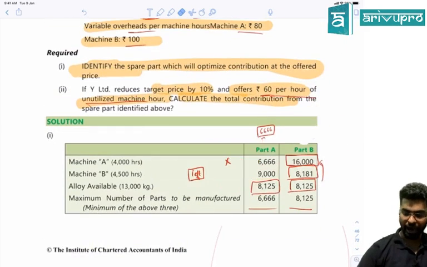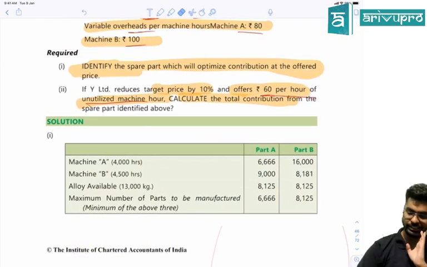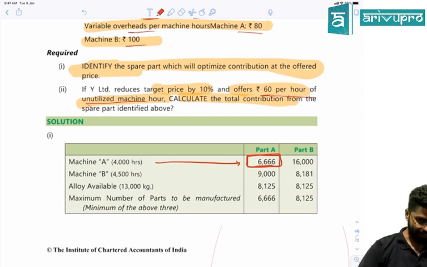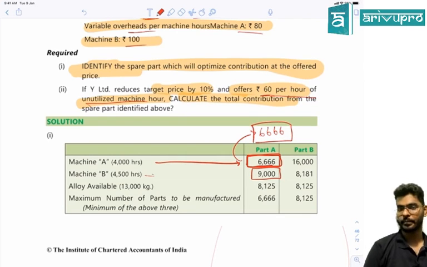Now, in part A, I'm producing 6,666 units by utilizing 4,000 hours. In product B, I can produce 9,000 units, but you know the maximum I can produce is only 6666 units. Don't you think my machine hours B, I will have something left? Because I can only be producing 6666, yes.